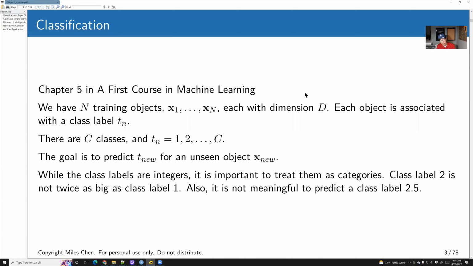All right, so anyway, as we take a look at this topic, the idea here is we have data and we want to classify. The value that we are trying to predict is a category.